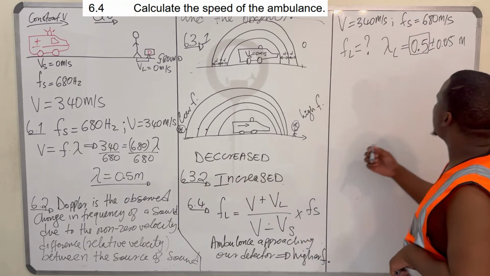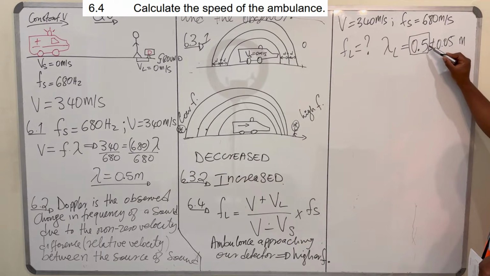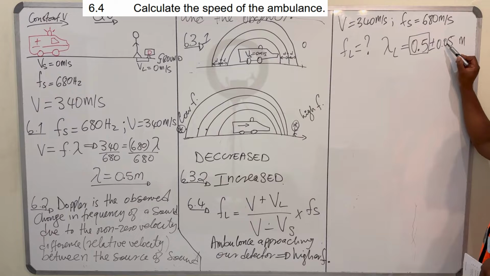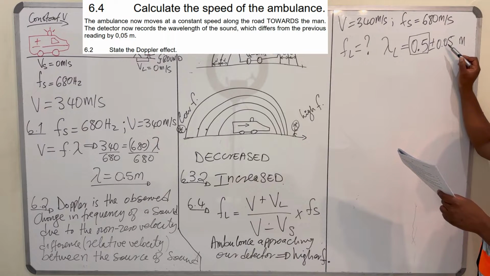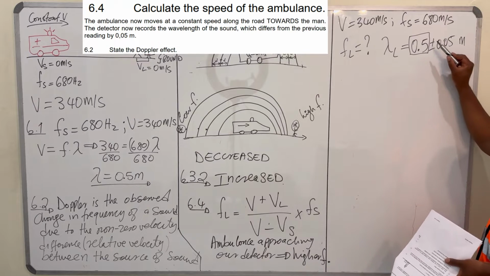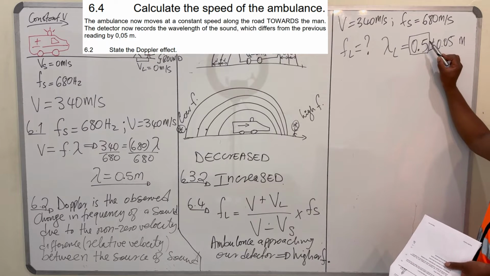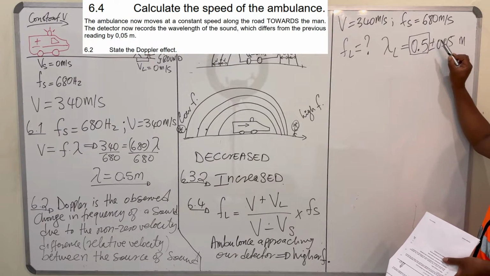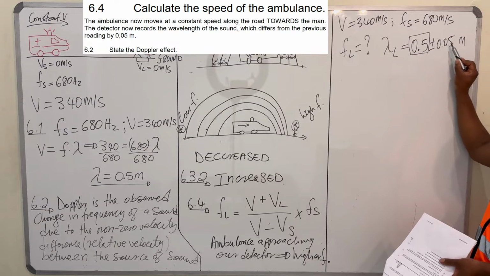right? And then our ambulance started moving, and there was a change in this wavelength by 0.05 because they said the ambulance now moves at a constant speed along the road towards the man. The detector now records the wavelength of a sound which differs from the previous reading by 0.05, which means the new wavelength of a listener will differ from this one by 0.05.